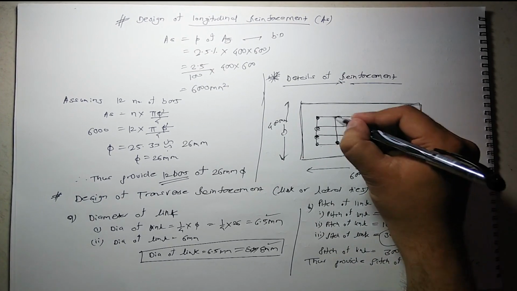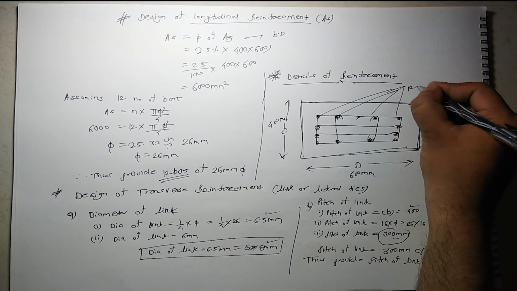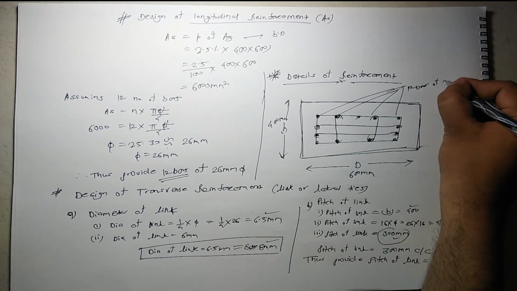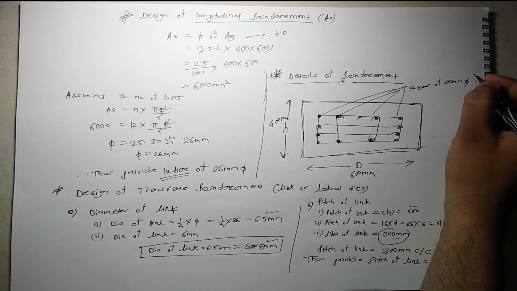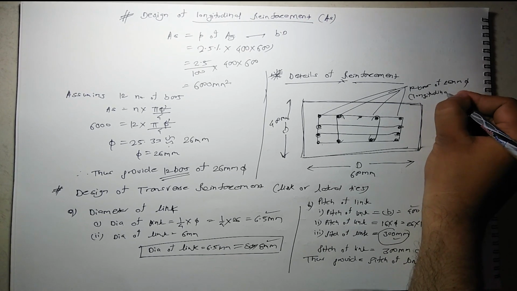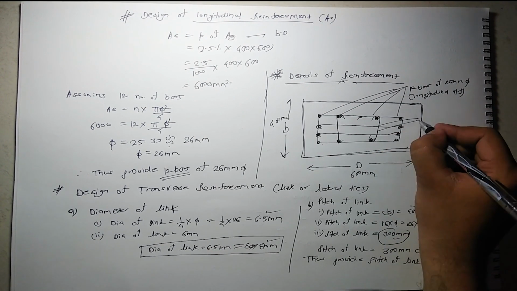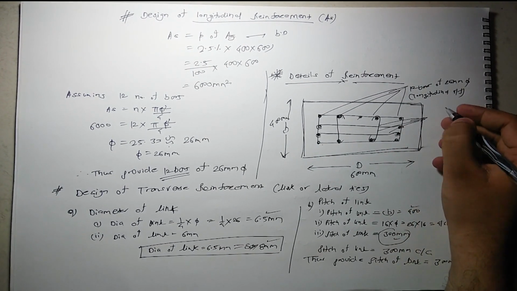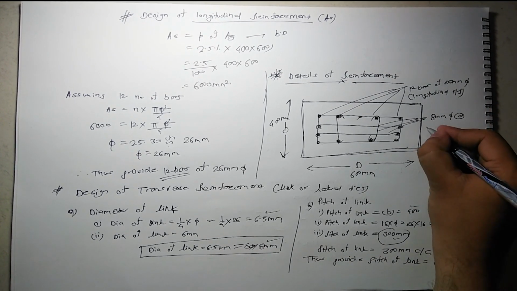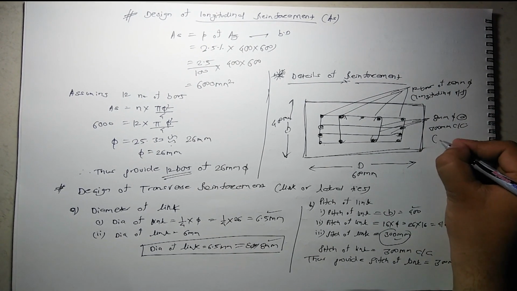Okay, so now these are our bars, that is 12 number of bars, 12 bars of 26 mm diameter, that is the longitudinal reinforcement. And these are the 8 mm lateral ties we have provided, 8 mm phi at 300 mm center to center. That is the lateral ties.